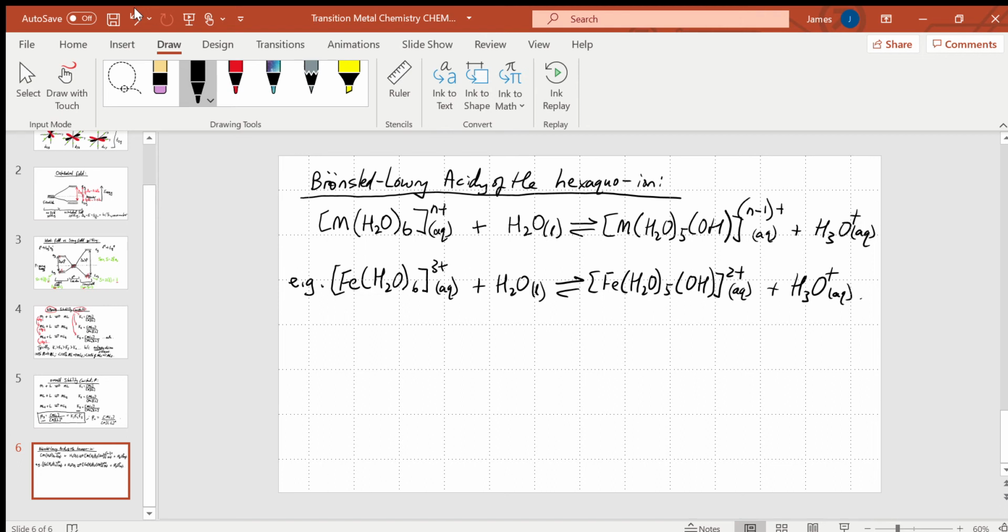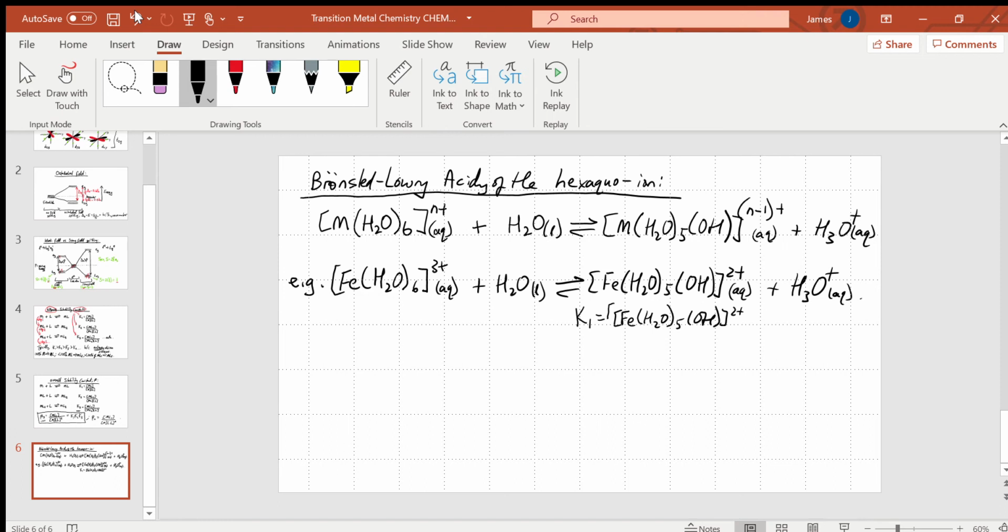And if we were to look at the K1 value of this, K1 would just be the iron with H2O five, OH, 2+.